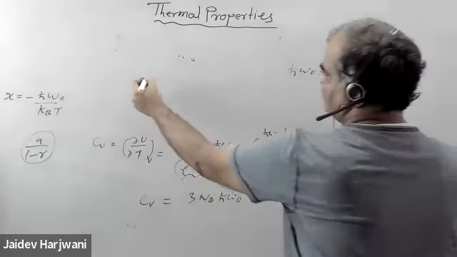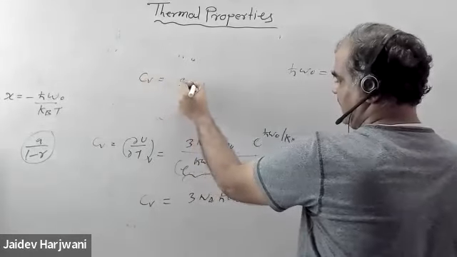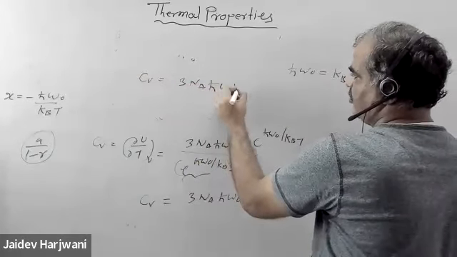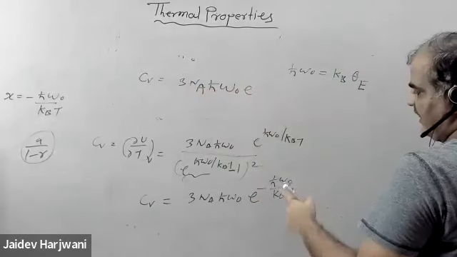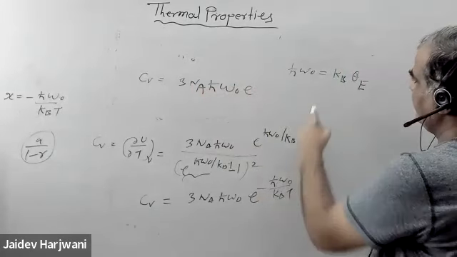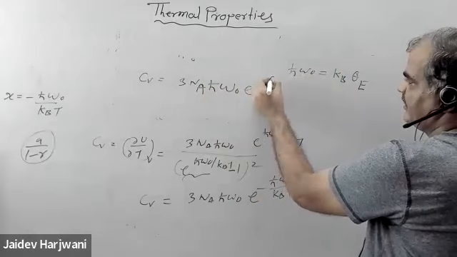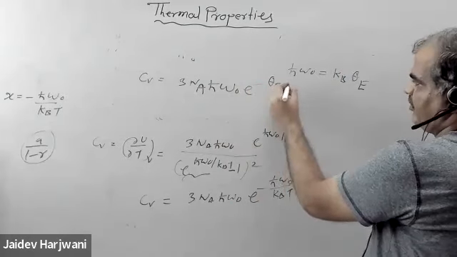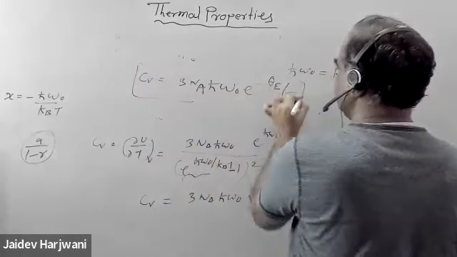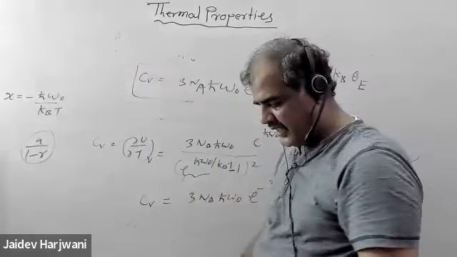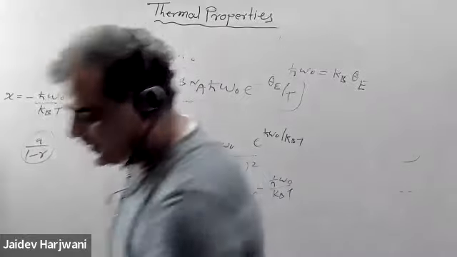So Cv equals 3N_A ħω₀ times the exponential, and since ħω₀/k_B is θ_E, this becomes e^(−θ_E/T). This is the expression for the specific heat at low temperature.